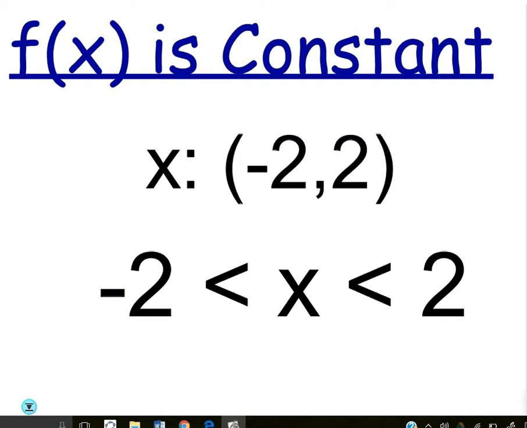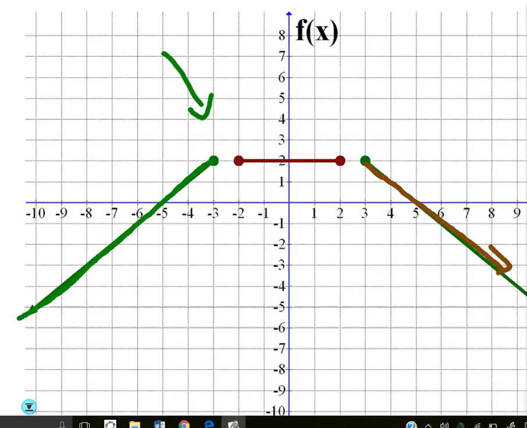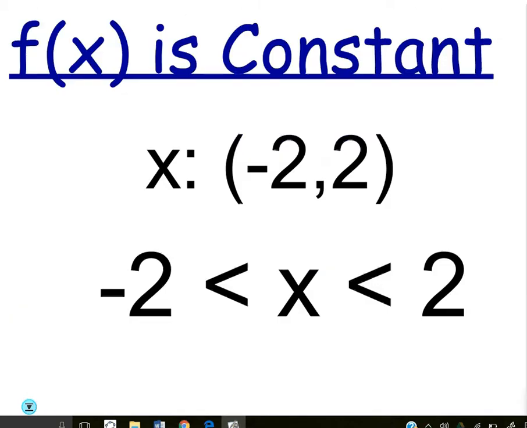Most of the time not, but I can't say never. But anyways, we can see that there is a horizontal line here from -2 to 2. Now again, we can't say anything about the endpoints because there's nothing to the left and right, so we can exclude those. But we can say from -2 to 2, the graph is constant.